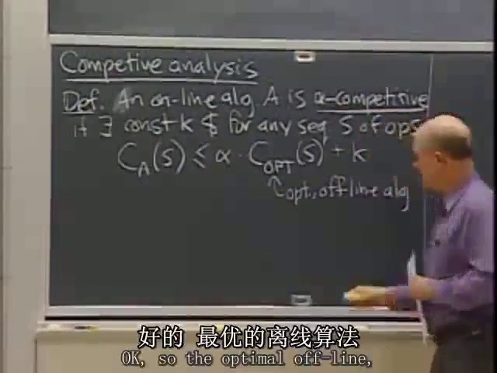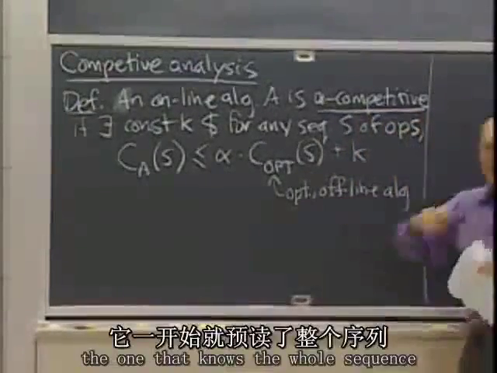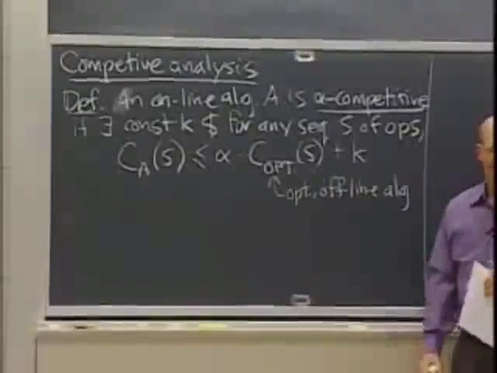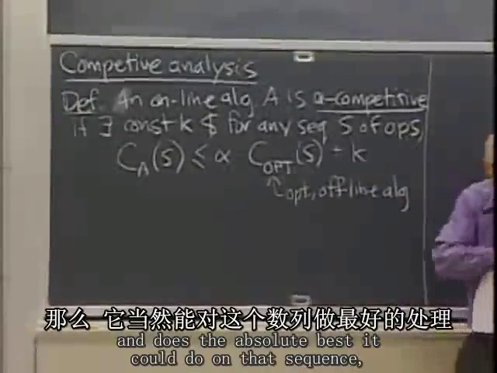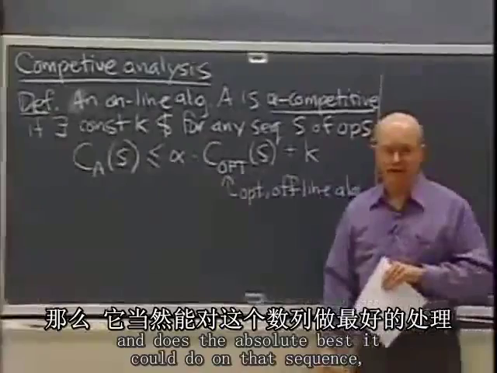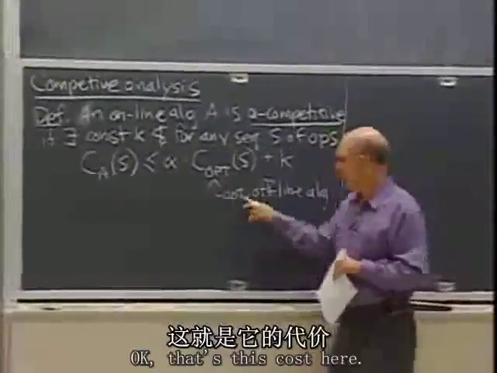Okay? So the optimal offline, the one that knows the whole sequence and does the absolute best it could do on that sequence. Okay, that's this cost here.